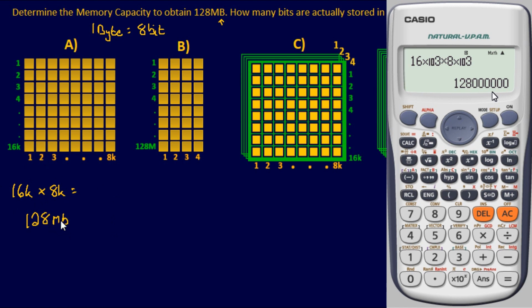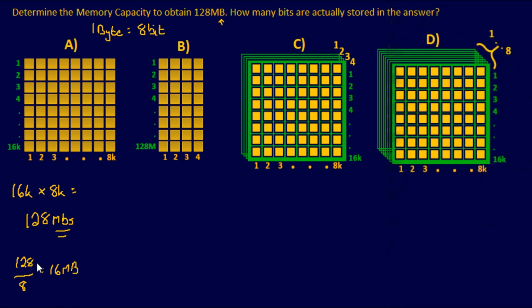So you have 128 megabits. Unfortunately, that's not going to fly, because if you divide this by 8, that's how many megabytes you're going to get, which means you're going to come out to be 16 megabytes. I'll put a meg right there, that way you see what I'm doing. So that's not it.